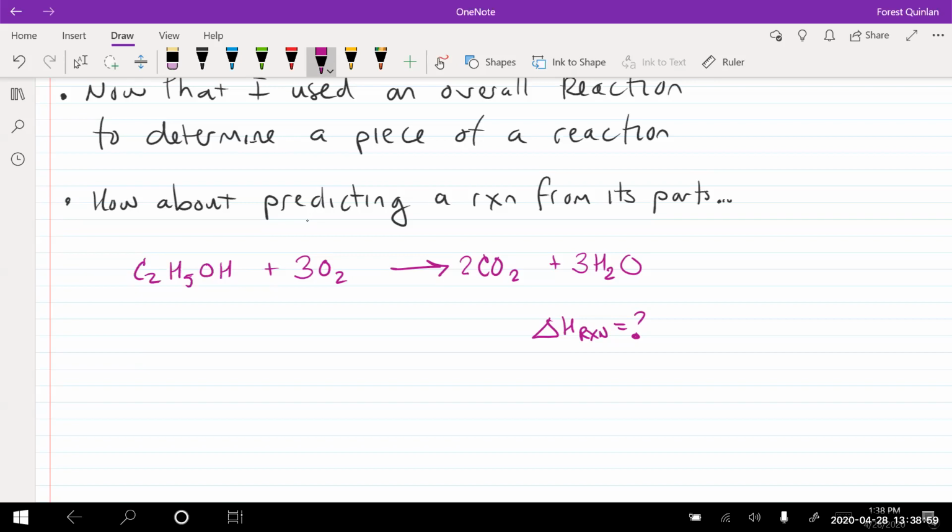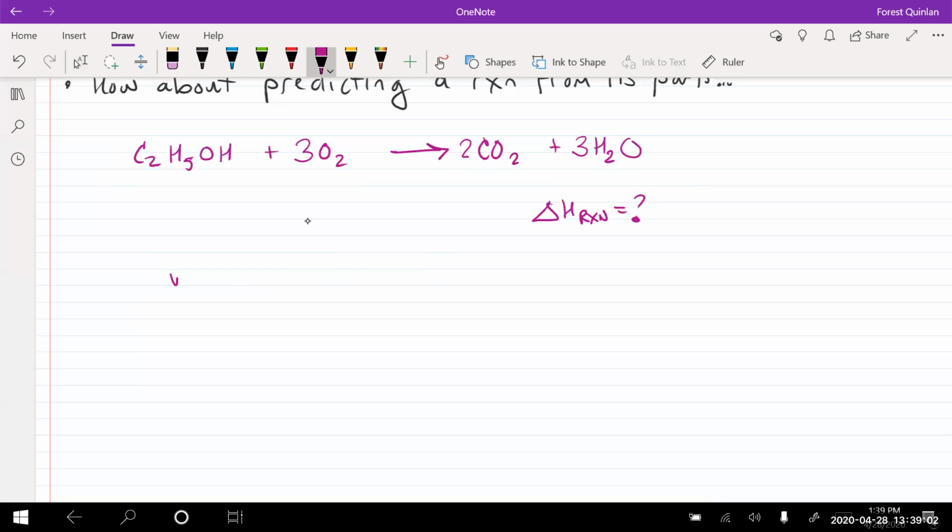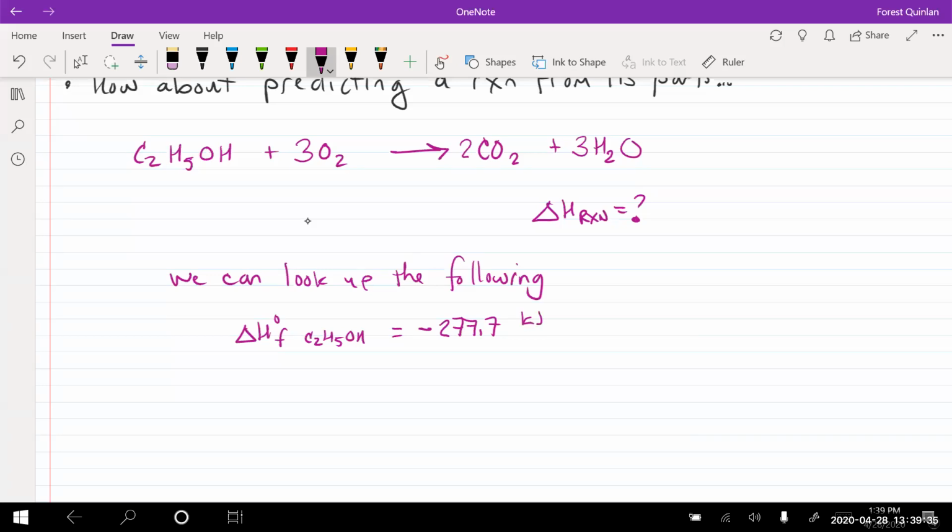Now, what we're going to do is look up the following. These are in books, so these values are easily found. I want to look up the delta H naught of formation of C2H5OH, and that is going to be negative 277.7 kilojoules per mole.